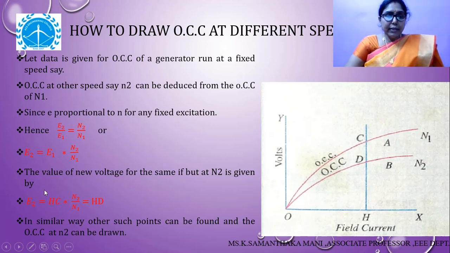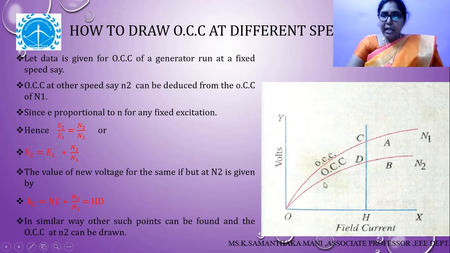With this we can calculate the new value from this diagram. I am just showing one calculation here. E2 equals, what is E1? E1 is HC. So HC into N2 by N1 is nothing but your E2. In terms of the representation on the graph, it is simply HD. So we can identify one point, D, on the OCC curve of the second condition using this formula.